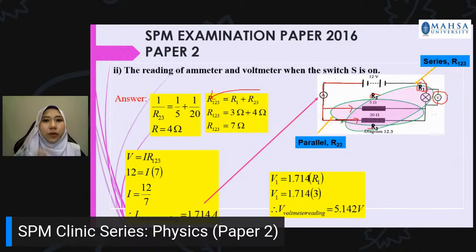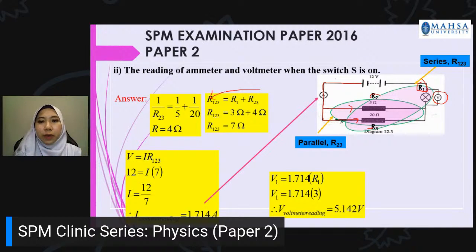Remember that in a series connection, the potential difference on each resistor has a different value. So you need to calculate one by one.